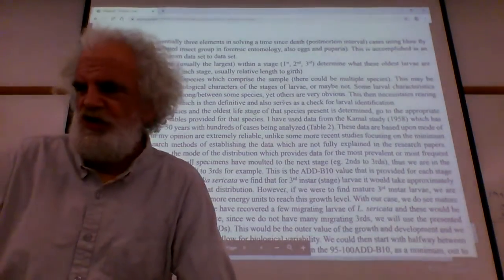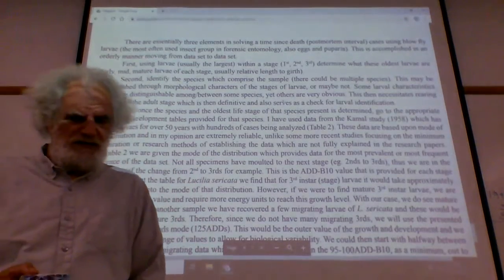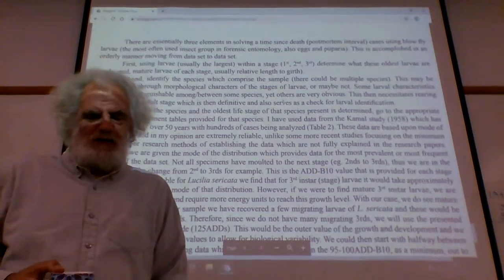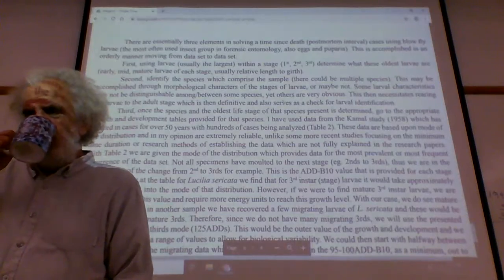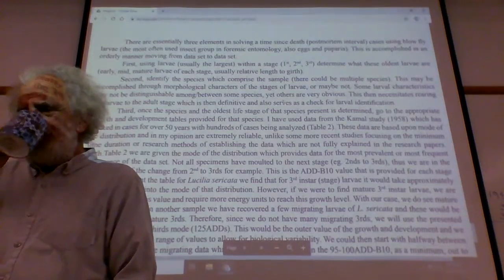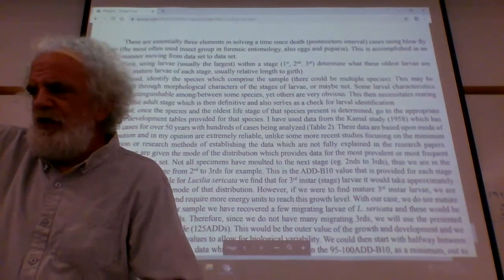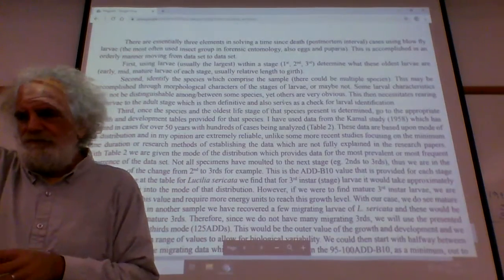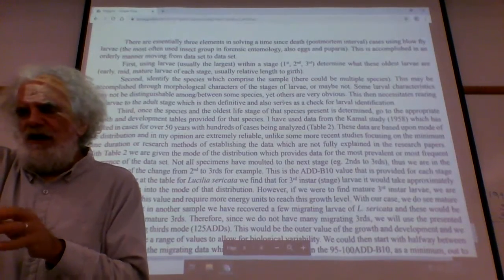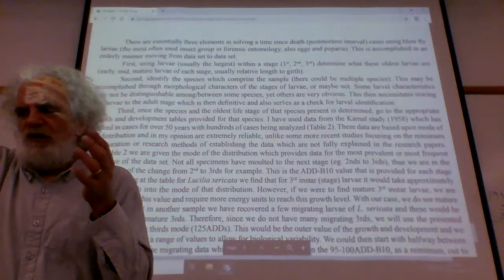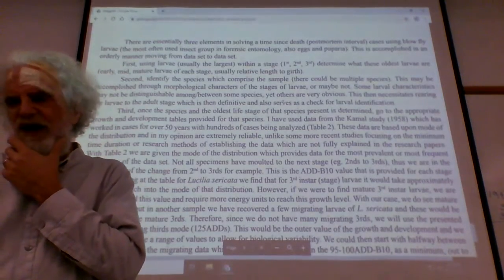And what you're going to do is think about the largest larvae that you find, because that will represent the oldest larvae. You can determine the oldest larvae and then identify the species, and from there we are going to base this on the time and growth development tables provided for that species.